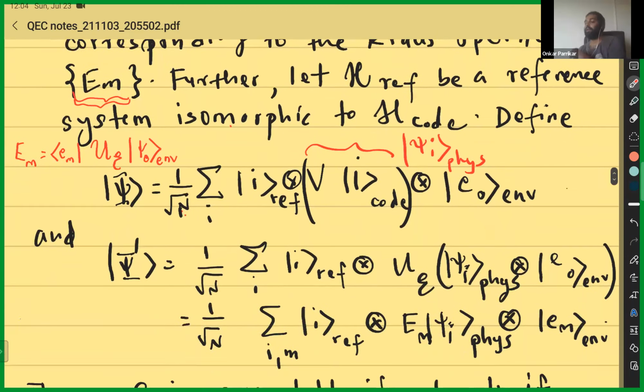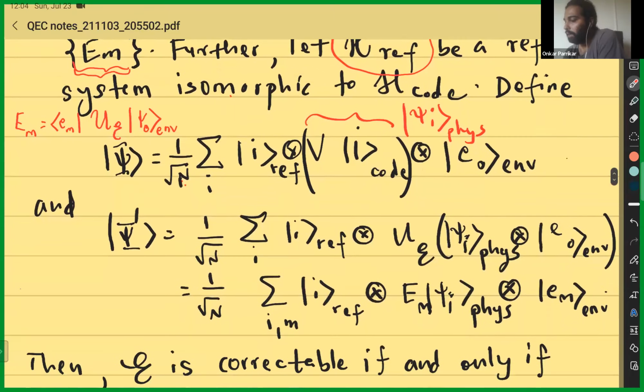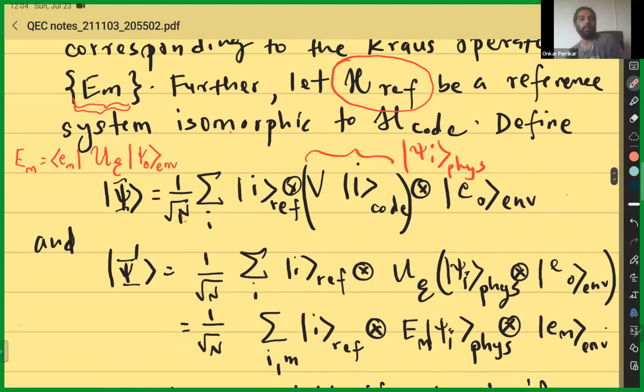So what one does is one introduces, now I understand that this thing is getting a little bit cumbersome, the notation is getting cumbersome, but I have to introduce one more element. So I introduce a reference Hilbert space. I know that this might feel like unnecessary complication at this stage, but it really makes things much nicer.